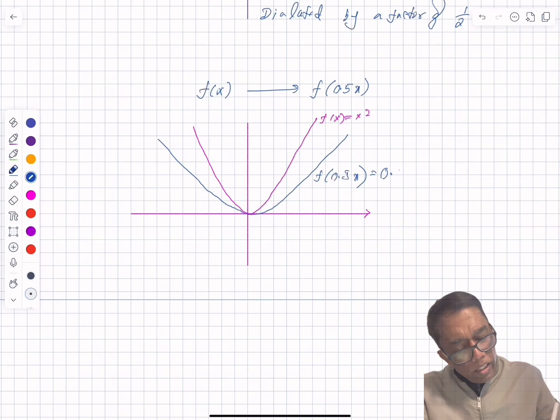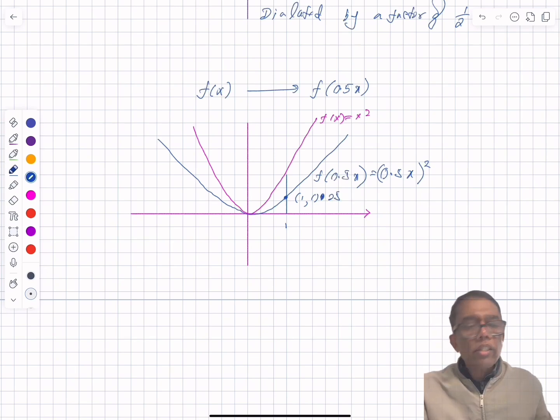When x is equal to 1, this is (1, 0.25), this is (1, 1). That means horizontal stretch.